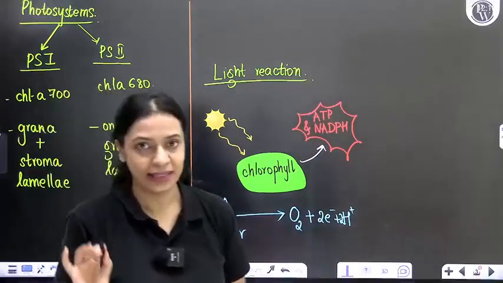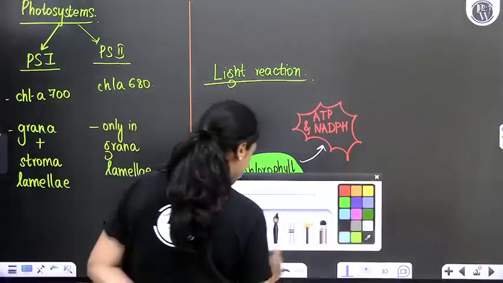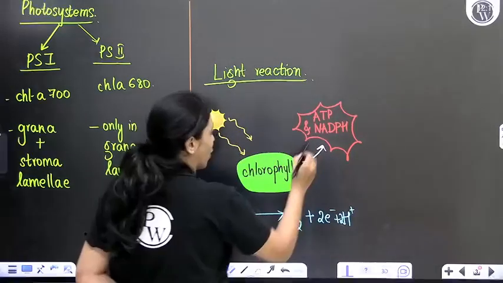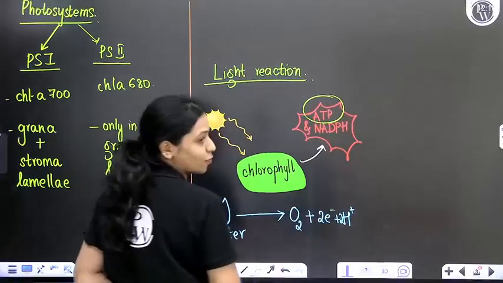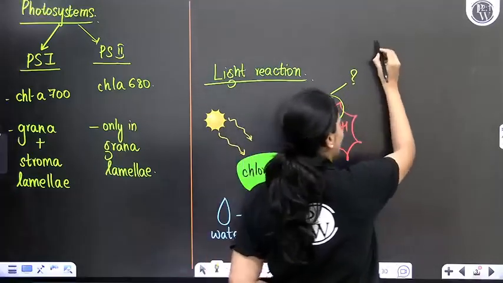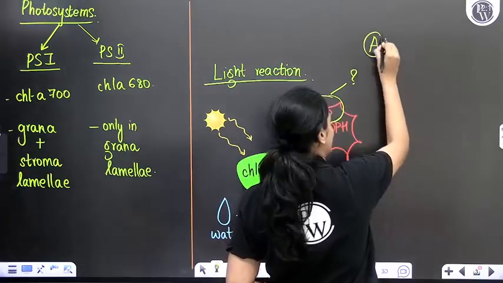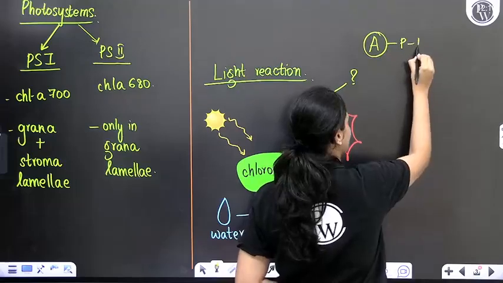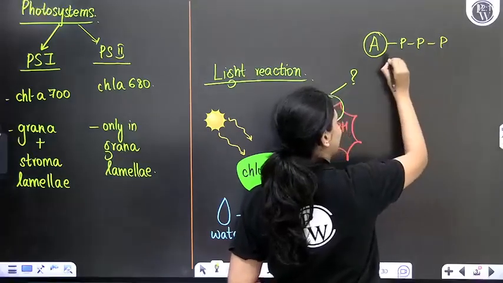So we know in the light reaction what is forming? An important molecule called ATP is forming. How is this ATP forming? ATP is adenosine along with 3 phosphates. That's why we call it ATP.